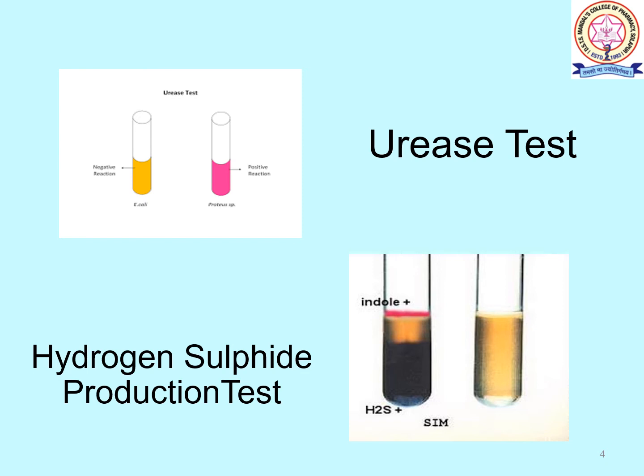If the filter paper shows browning, then it indicates H2S production, or we can see in the SIM medium the black color formation. This is what we have about the urease test and hydrogen sulfide production test.